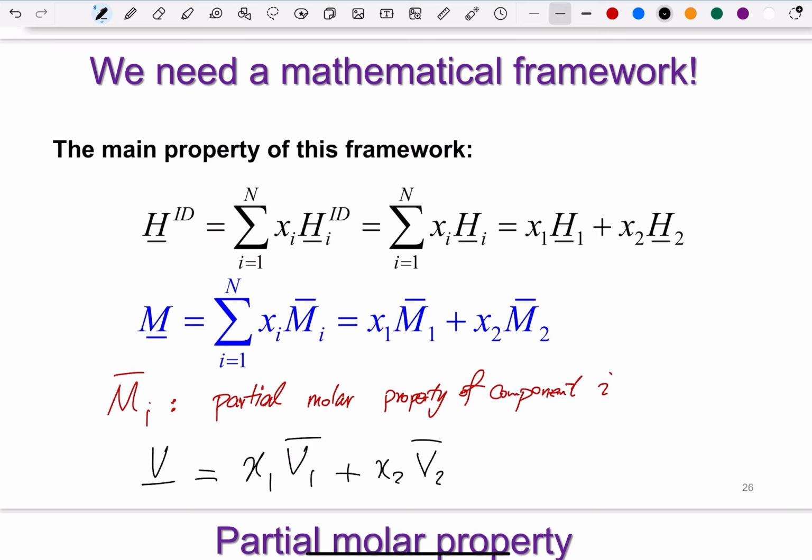This is the most important part of phase equilibrium thermodynamics, to understand what these partial molar properties are, because we are just going to calculate different partial molar properties for different types of equilibrium that we are going to consider, okay? So it is very important to get the physical understanding. What does it mean?